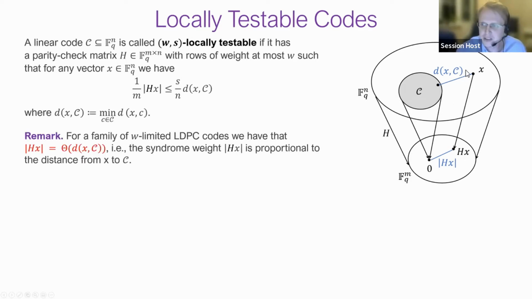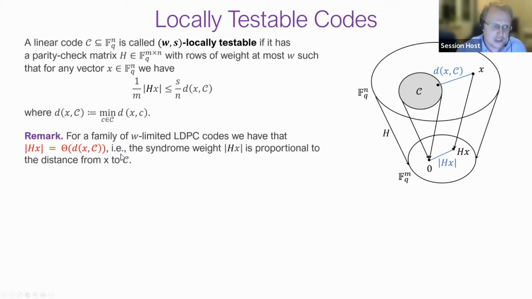If we have a code and some vector, for example a corrupted code word, then we can estimate the distance to the code just by looking at the syndrome. By syndrome, I mean that if we multiply by the parity check matrix, we obtain some vector Hx, and this vector is called the syndrome. So by looking at the syndrome, you can estimate the distance to the code.